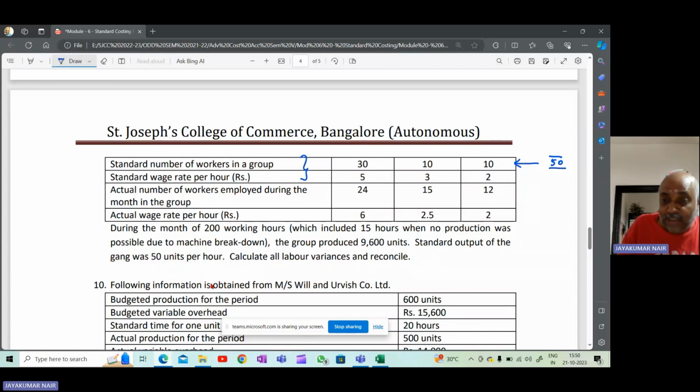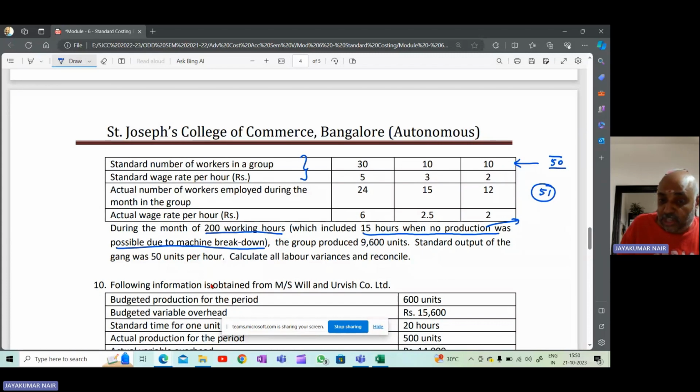Now, what is the actual number of workers engaged? If you add them, 24 plus 15 plus 12, you will get 51. 51 is the actual number of workers engaged in one particular group, and these are the actual rates paid. For skilled it is 6, semi-skilled it's 2 rupees 50, and unskilled it's 2. Now, during the month of 200 working hours, which included 15 hours when no production was possible due to machine breakdown, this will be idle time.